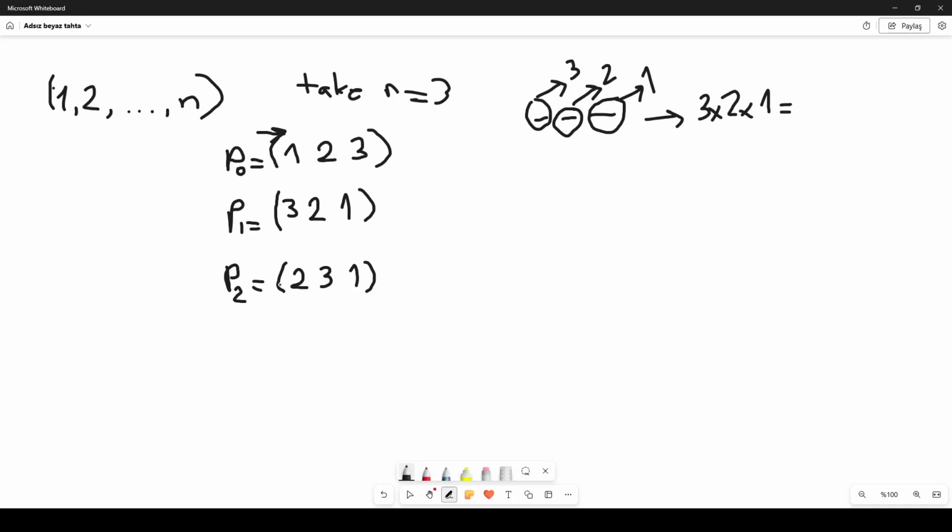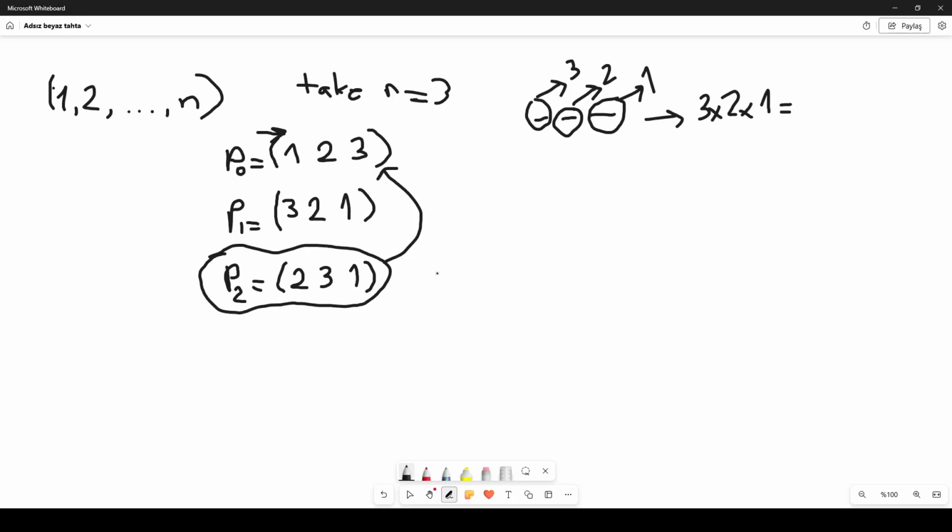Now, suppose I have P2 here, and I want to somehow turn this permutation P2 into P0. How can I do that? I need to switch the positions of some elements to convert P2 into P0.